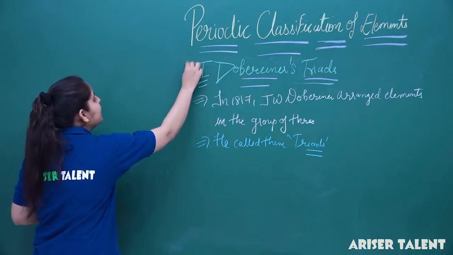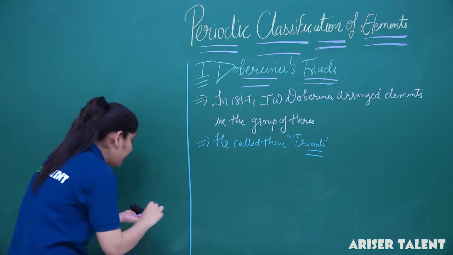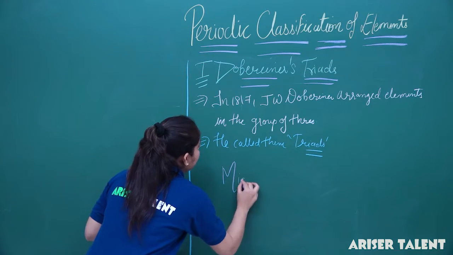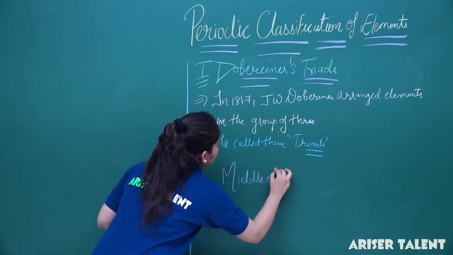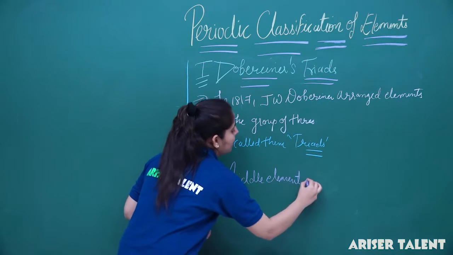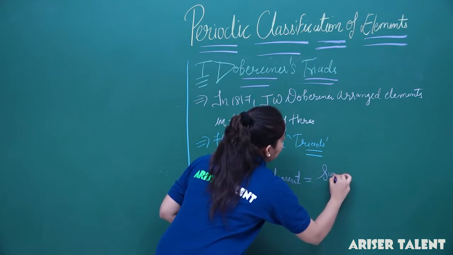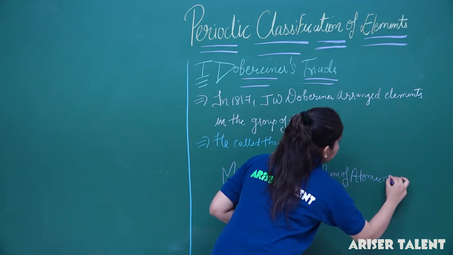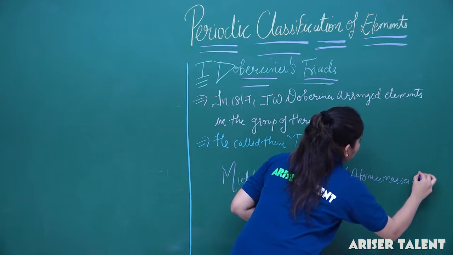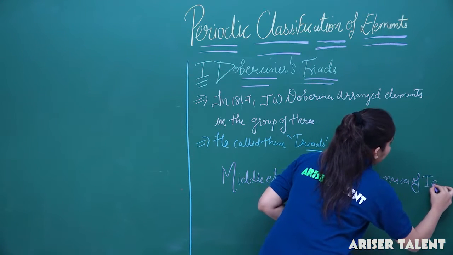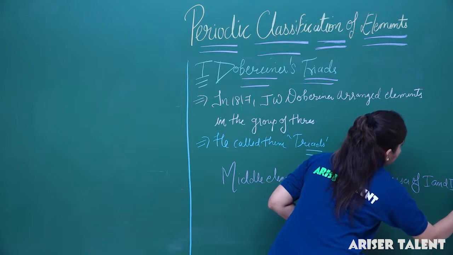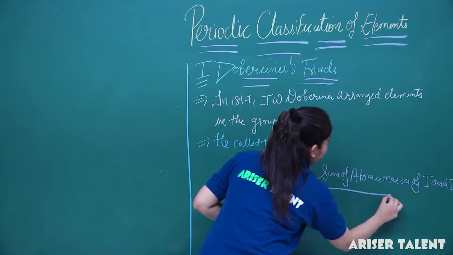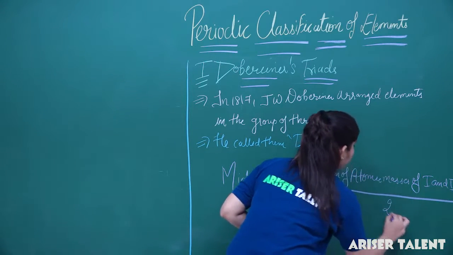What Dobereiner said about the early attempts at the periodic table is that the middle element will be the sum of the atomic masses of the first and the third element divided by 2.